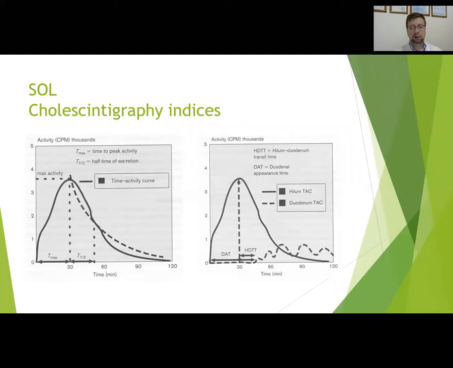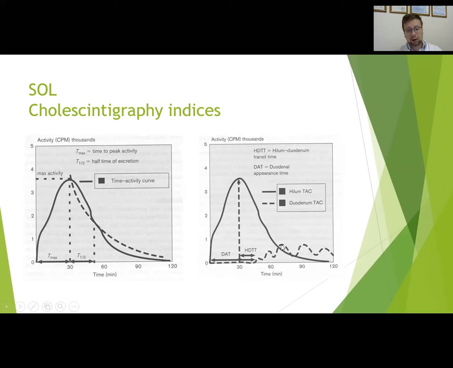activity curve, TAC, and this dashed line shows us the radioactivity over the duodenum. Very clearly we can see that with excretion of radiopharmaceutical from the liver, we can see a decrease of this curve, and with the excretion of radioactive bile into the duodenum, an increase of the duodenum curve.